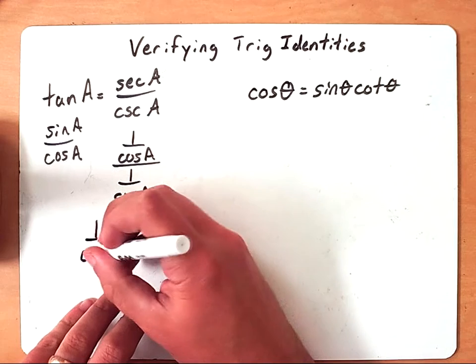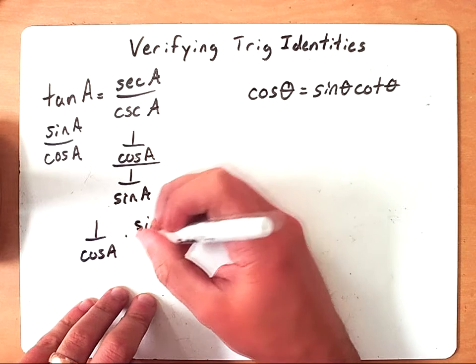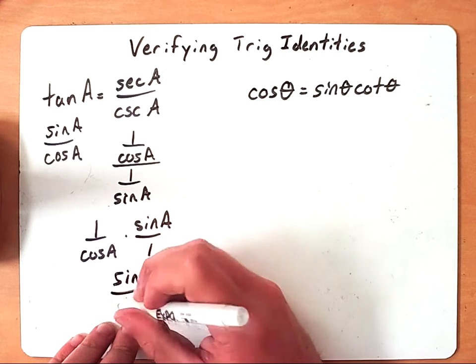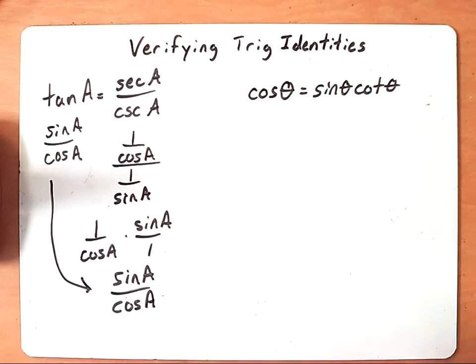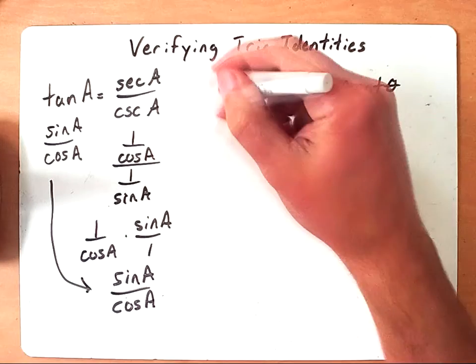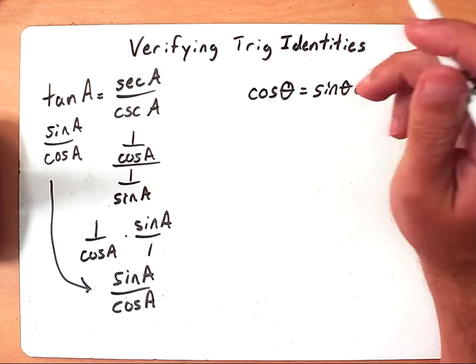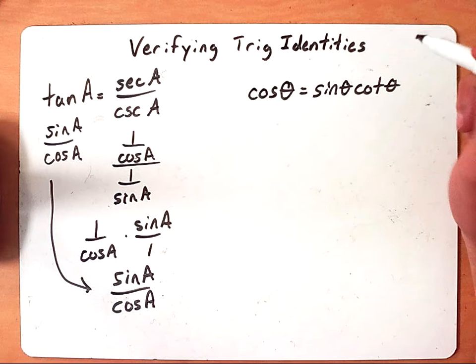So I would have 1 over cosine of A times sine of A over 1, and what do you know? Sine of A over cosine of A. Generally, with this kind of fraction problem, you're just going to wind up flipping and multiplying, and they're not always very difficult. All right, let's move over to this one on the right.